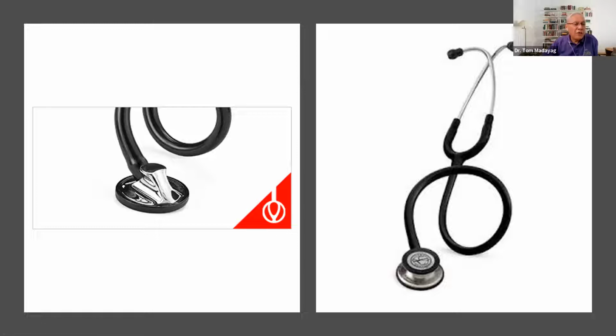The diaphragm should be a firm application against the skin, enough to create a skin indentation or marking. The bell should only be lightly held against the skin, enough to occlude the ambient environment so that you're only listening to the body part that you have applied the bell onto.